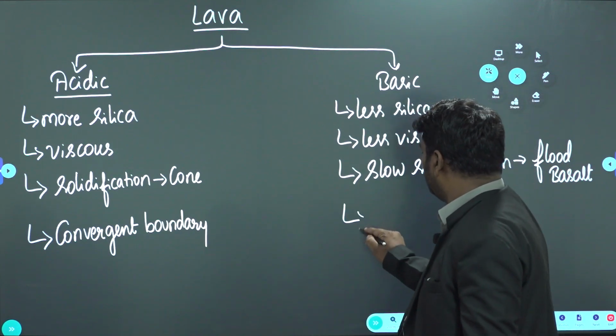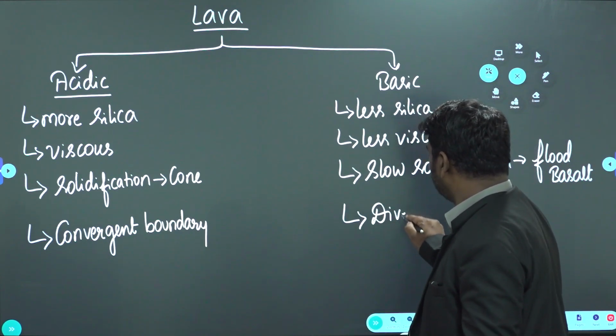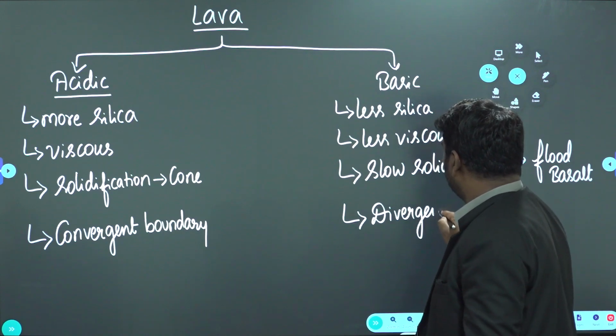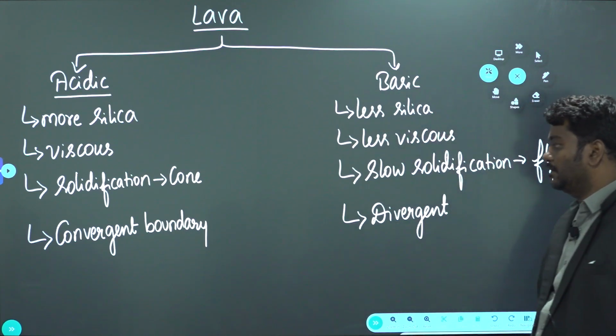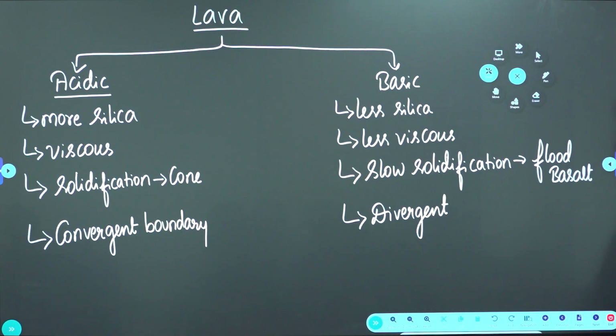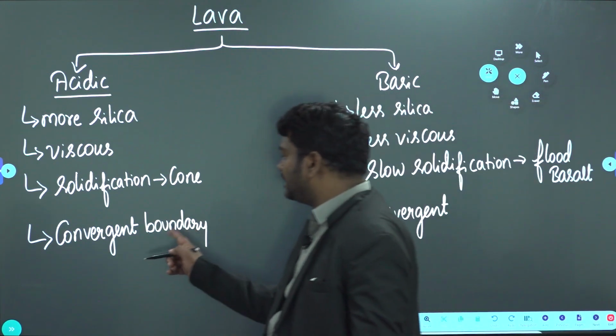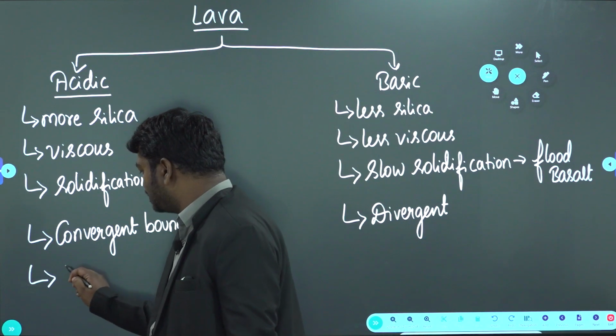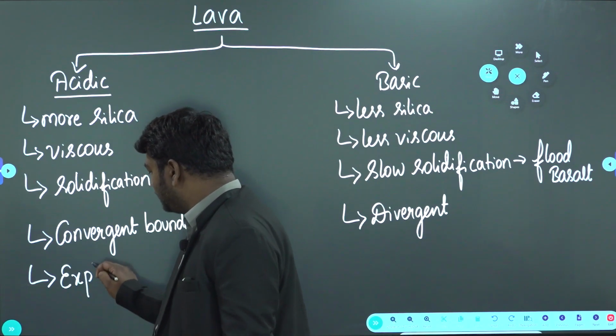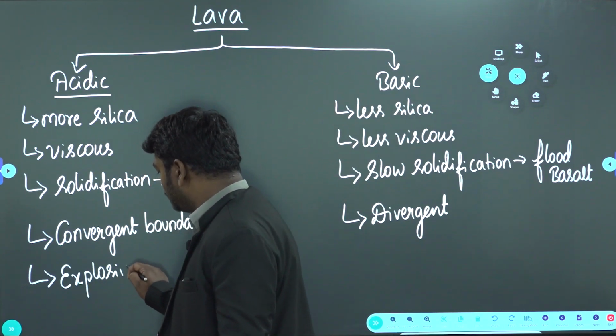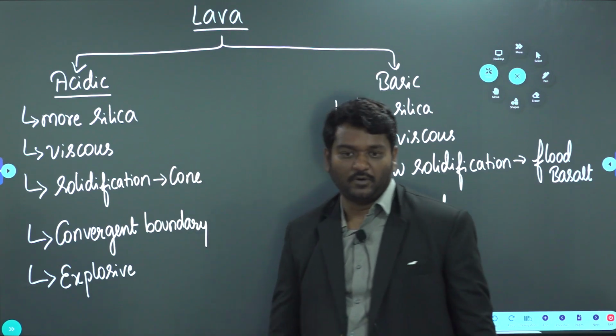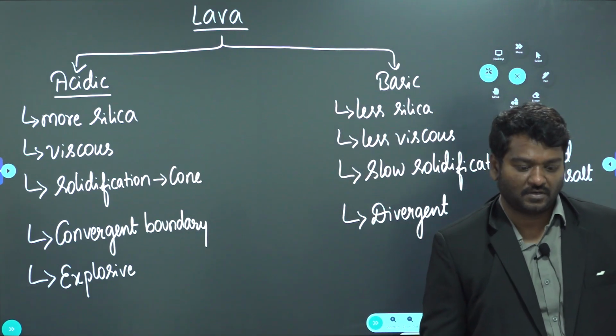Here, mostly associated with divergent boundary. As it is associated with convergent boundary, it leads to explosiveness. Explosion is more.